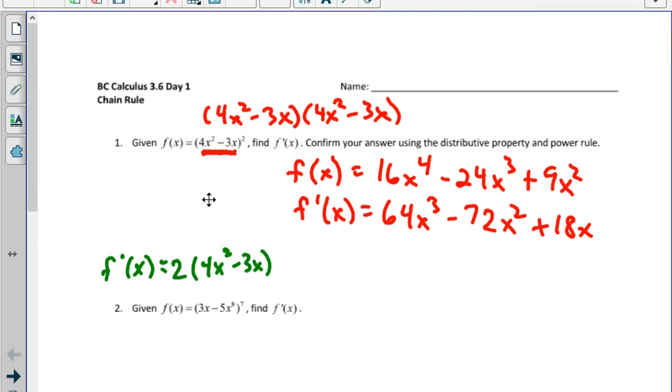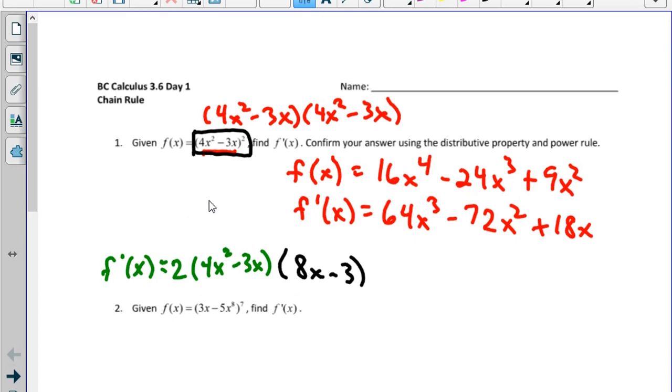What if after I take the derivative of this giant function, like the power rule, I take the derivative of the inside? So the 4x squared minus 3x. Let's take the derivative of the inside now. So 8x minus 3. And I stick that on the back end of f prime of x.